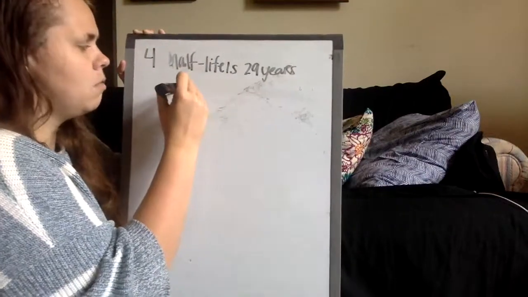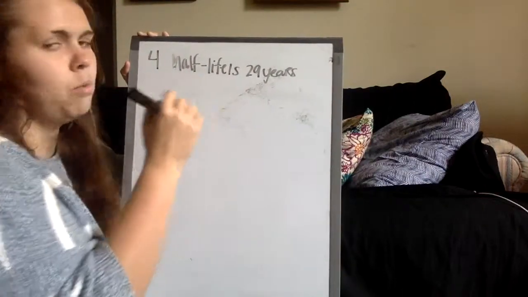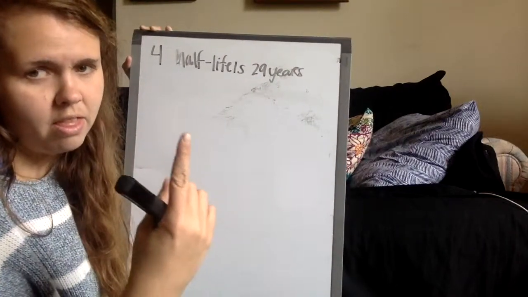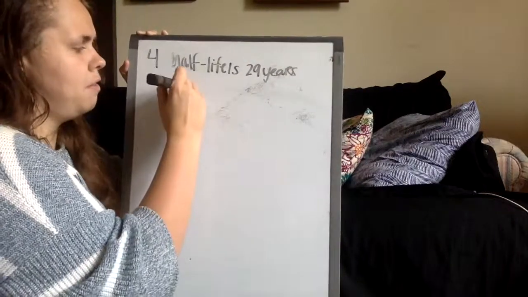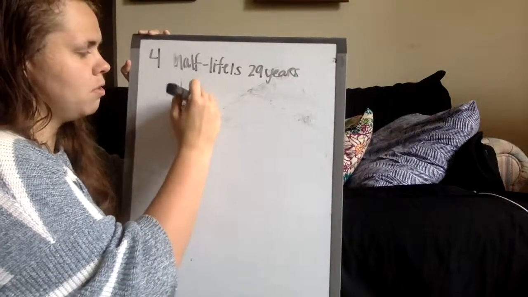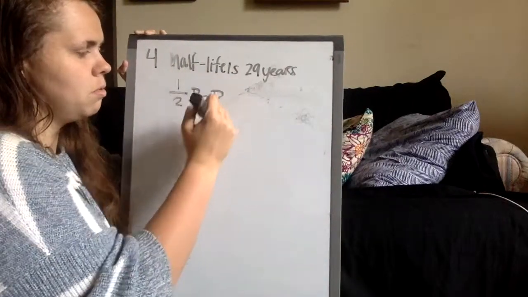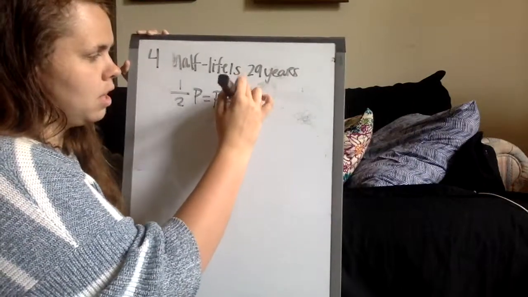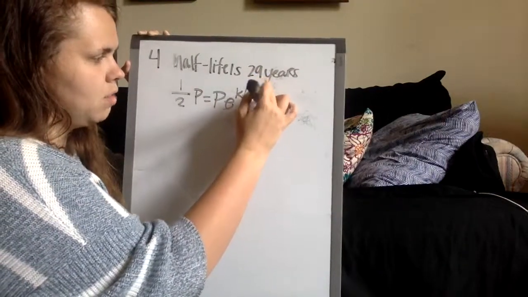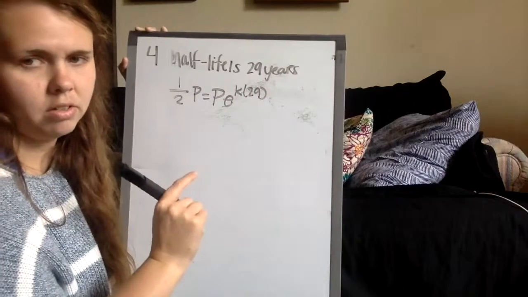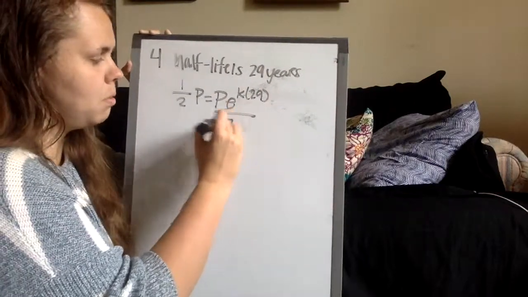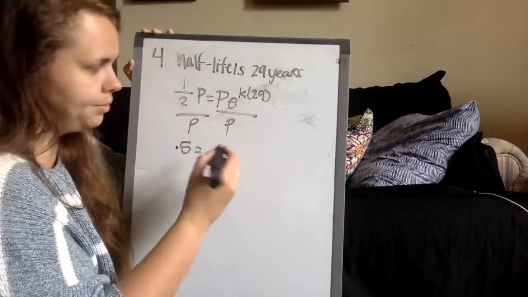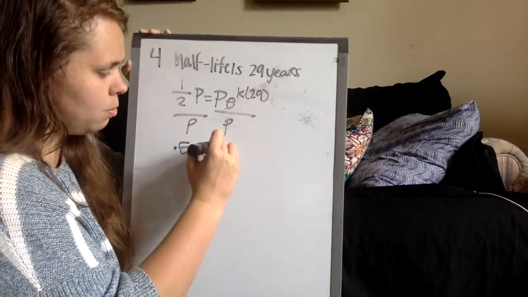If my original amount was 1, then the final amount needs to be a half. So I have 1/2 of the principal equals the principal times e to the k times 29, because 29 was the number of years. And I can divide both sides by P, and I get 0.5, or 1/2, equals e to the 29k.